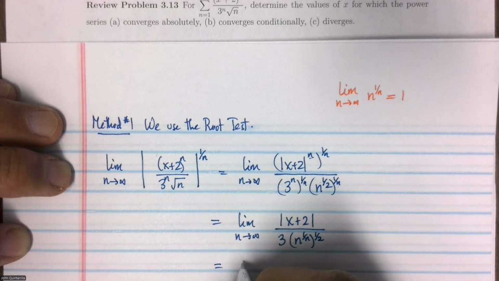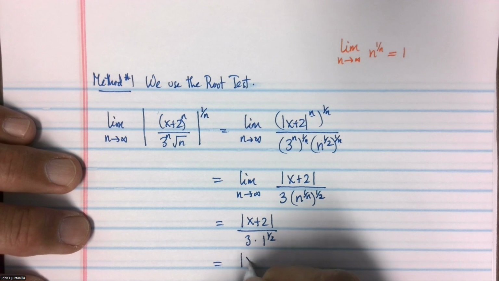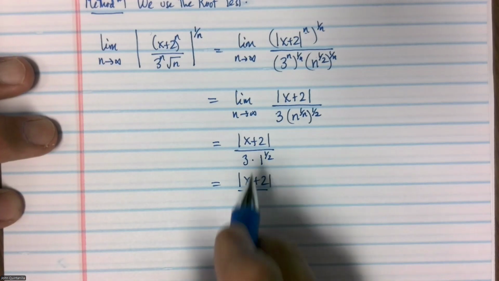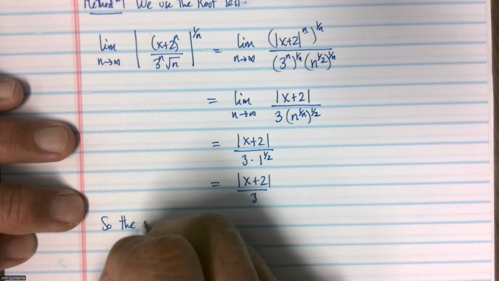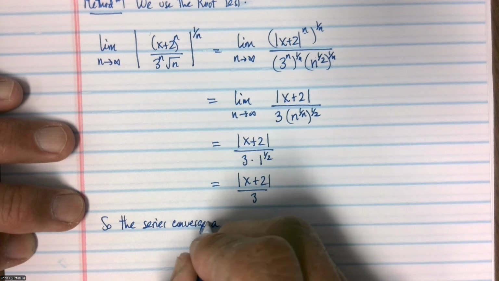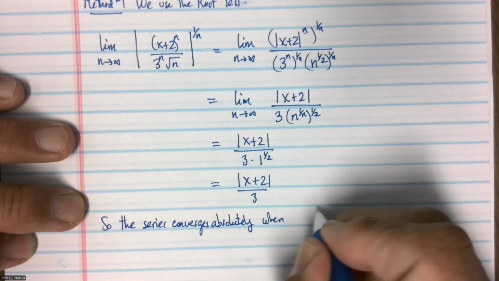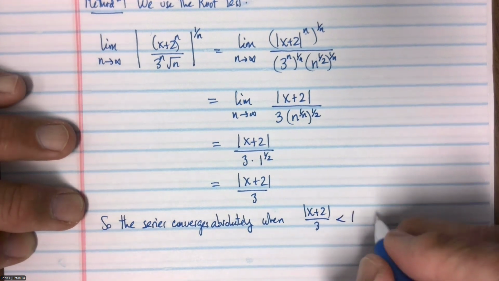So this is equal to absolute value of x plus 2 over 3 times 1 to the 1/2 power, which is absolute value of x plus 2 over 3. Okay, and so that's the value of the limit. And so the series converges absolutely when absolute value of x plus 2 over 3 is less than 1.